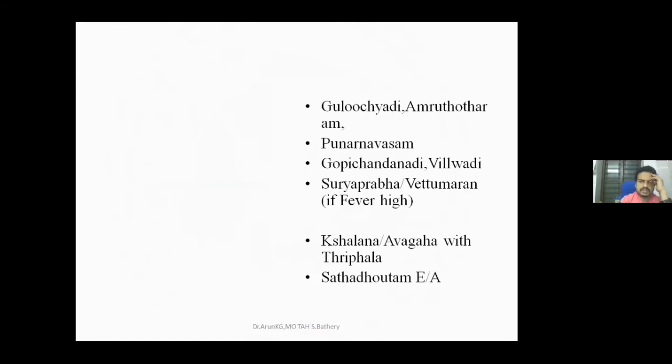It is mostly a self-limiting condition. If it is severe, we can go for some Jwarahara medicines like Brihatyadi, then Punarnavasava, tablets like Gorochanadi, Divyadi, Suryaprabha, then Shalanam, Ravadaha with Triphala, then the external application.